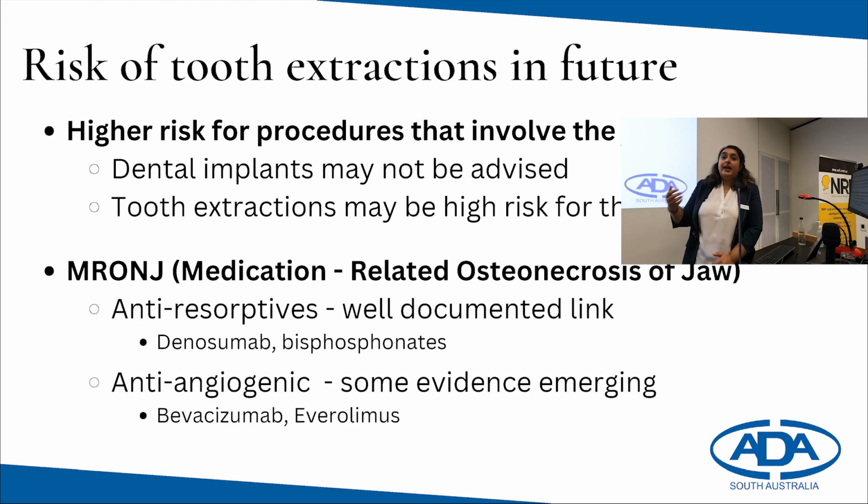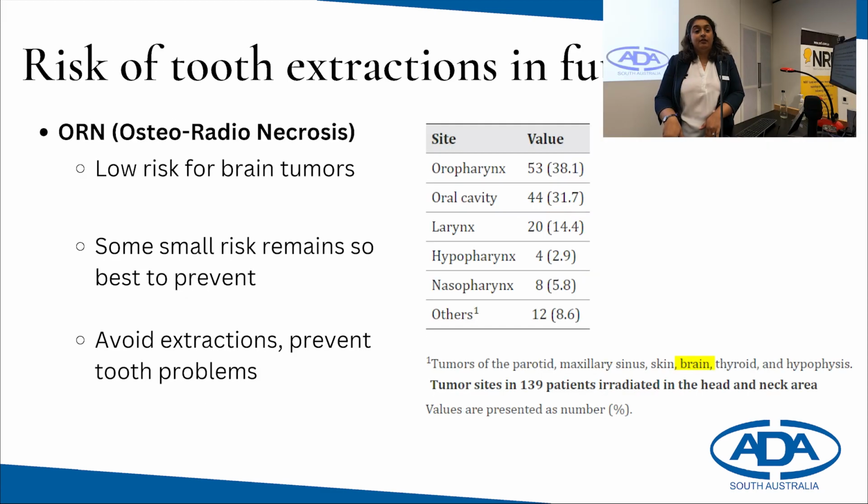So we as dentists are sort of watching this space to know which of our medications that our patients are being treated by puts them at risk for having teeth out. The blanket rule that I would encourage everyone to follow is not be in a position where you need to have a tooth out if you can.